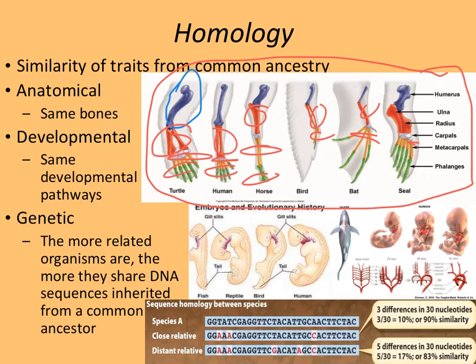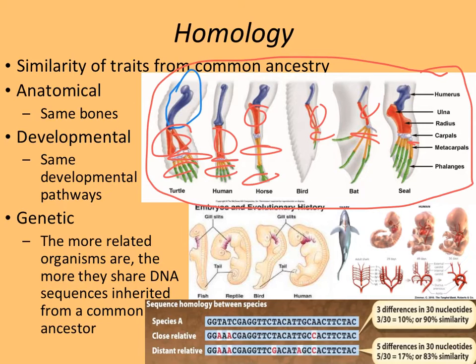Okay? And even though a lot of these things look very different from each other, like the phalanges of a bat look much different than the phalanges of a seal or a human. Okay?